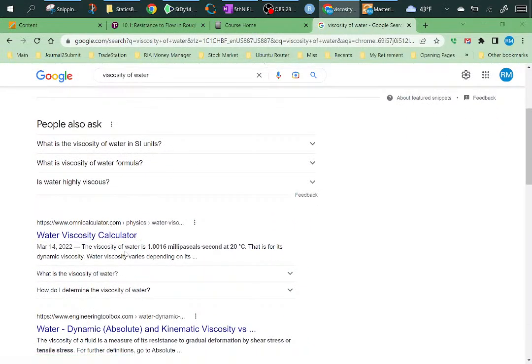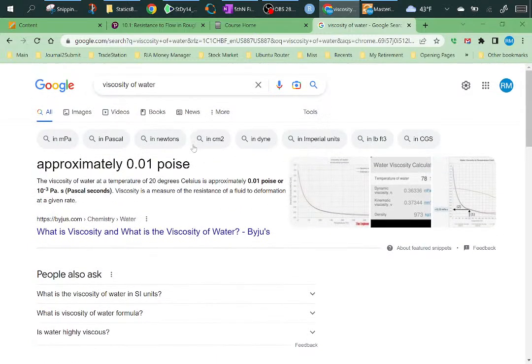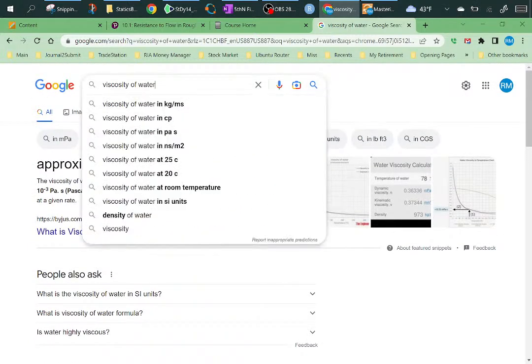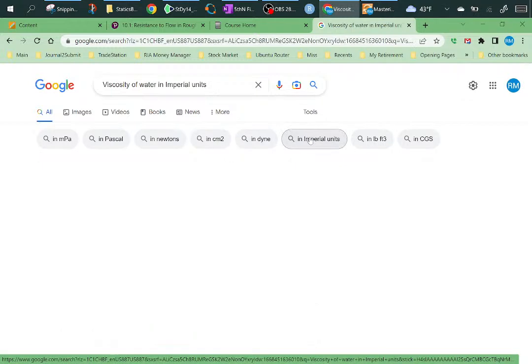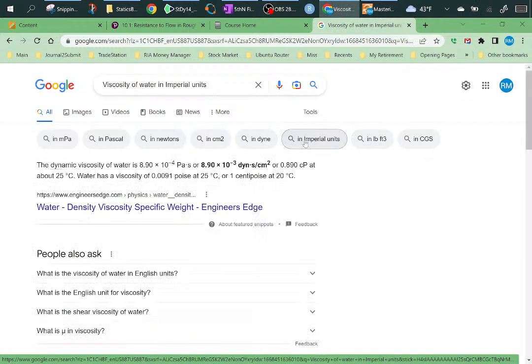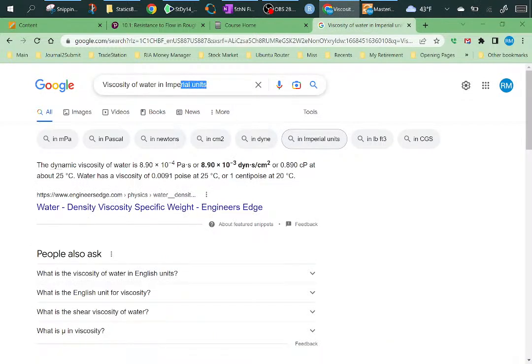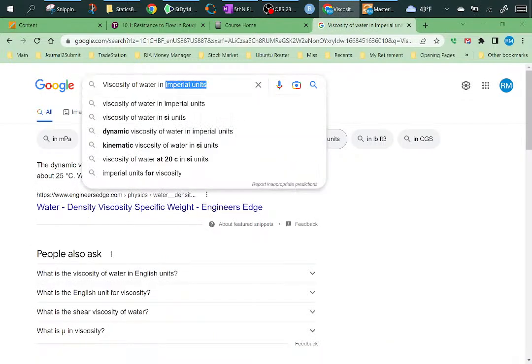How about we do viscosity of water? Okay, wait a minute. Let's see what happens if I do that. That's okay. We don't want that. What's the inch pound per foot cube? That's a good question. I'm not sure. Let's try that.